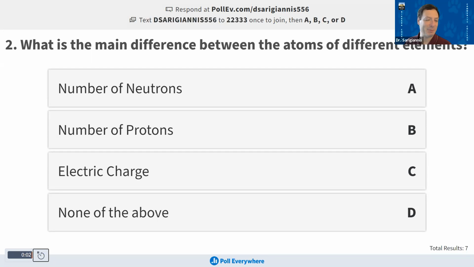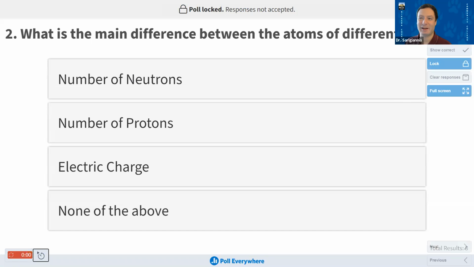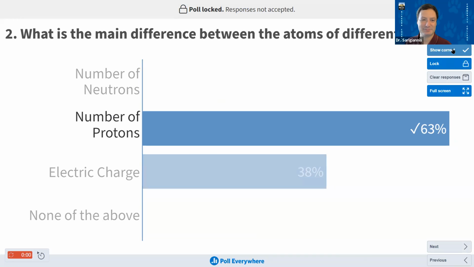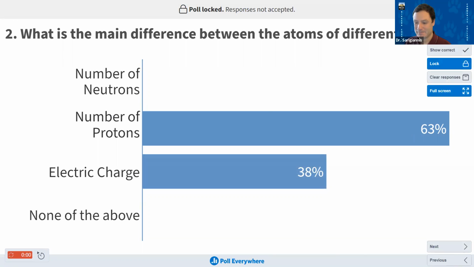All right, what happens at the end of the timer? Oh, it stops, freezes everything. All right, number of protons. Yes, number of protons. That's the correct answer. That's the primary difference between atoms.